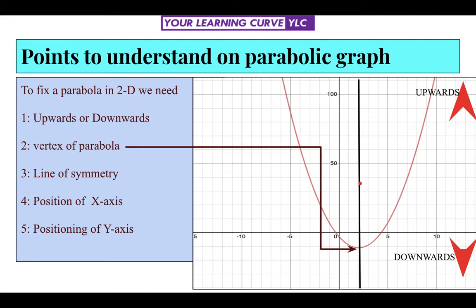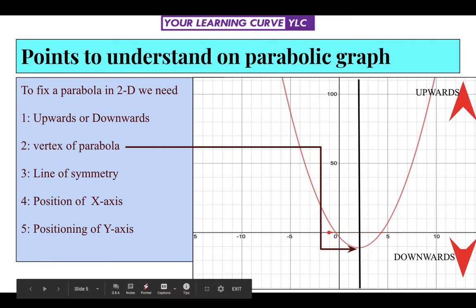The next important thing is the positioning of the x-axis. Whether the x-axis is cutting the parabola at 2 points, touching the parabola at the vertex, or it is going below the parabola or above the parabola and not at all touching or intersecting the parabola. The next is positioning of the y-axis.